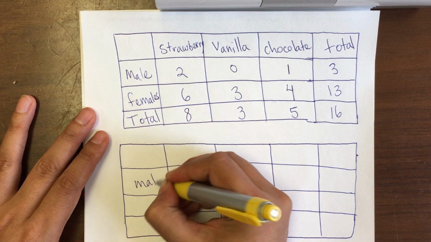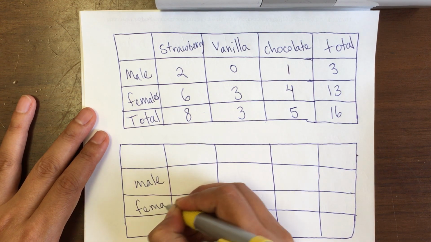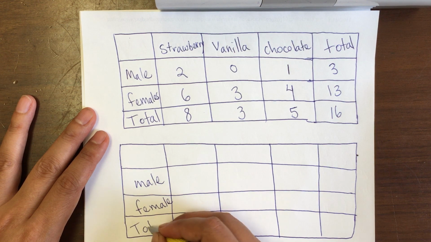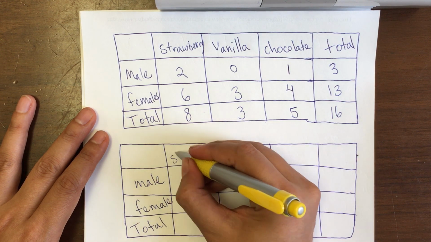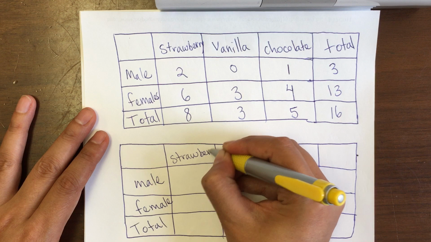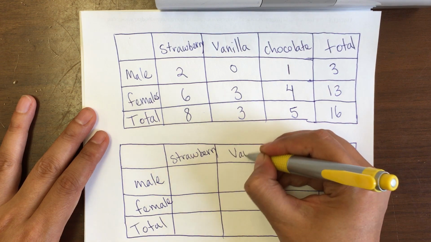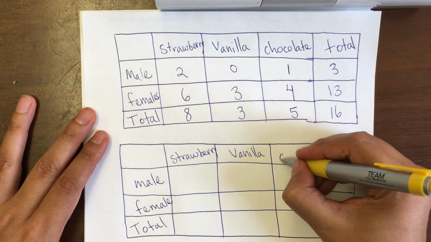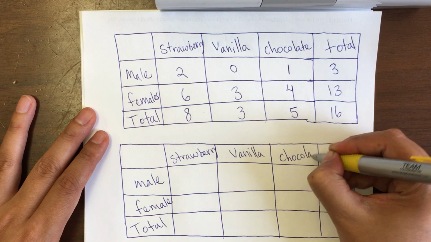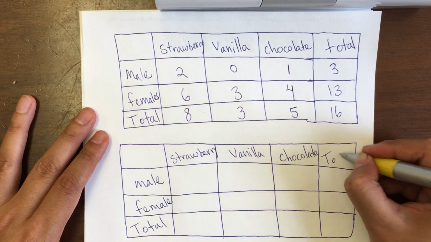So male, female, total, strawberry, vanilla, chocolate, and total in here.